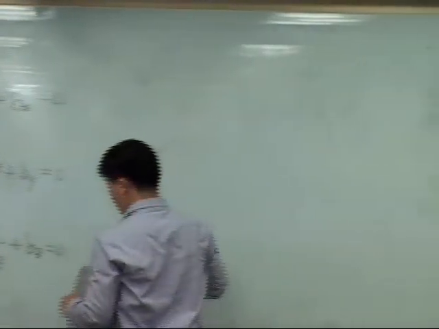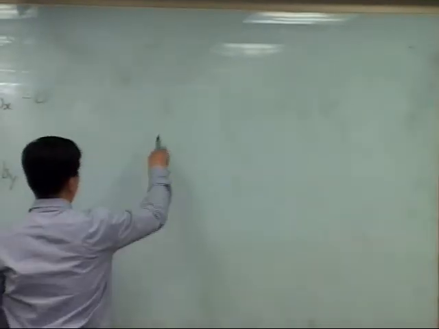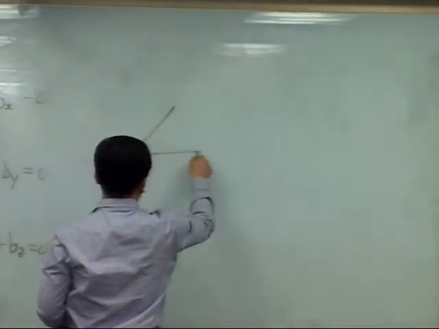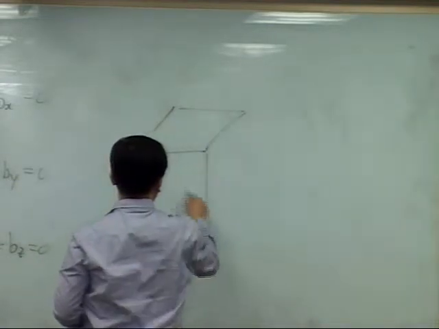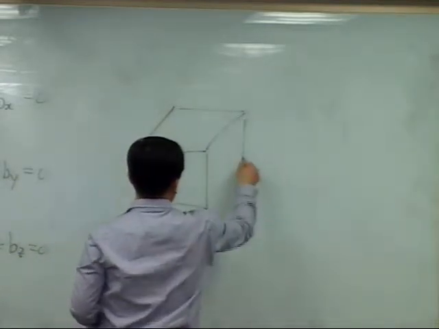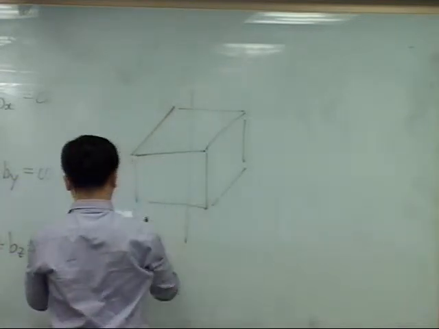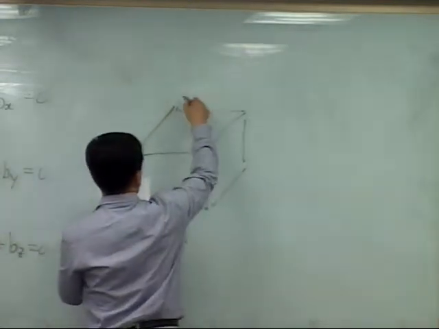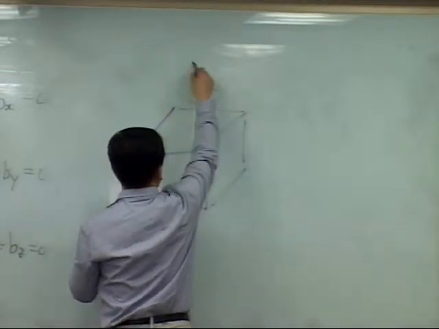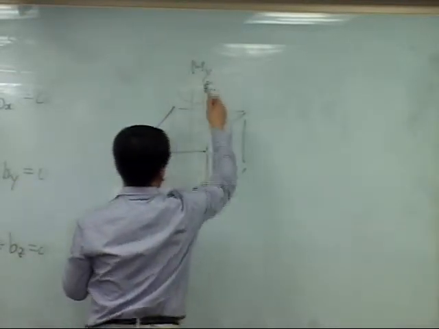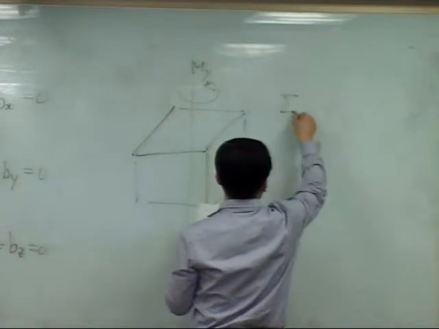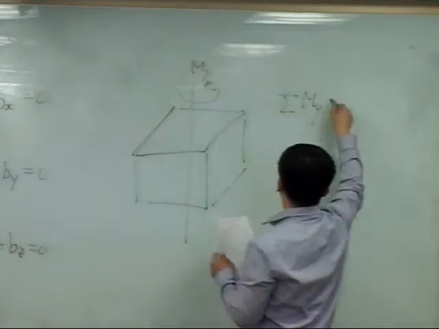Then let's take the moment in this cube. Let's take the moment about the y-axis, My. Let's take the sum of My. It should be 0, right?